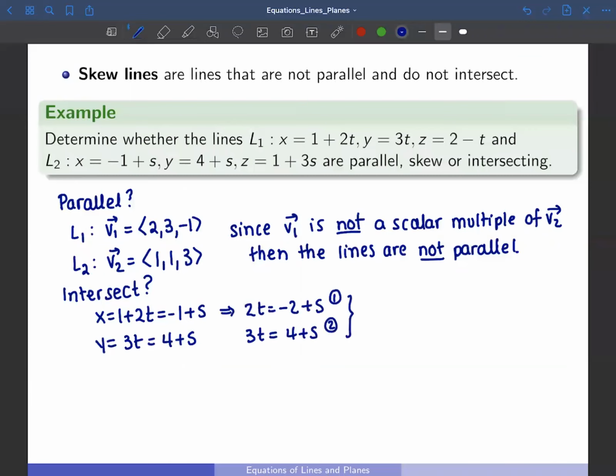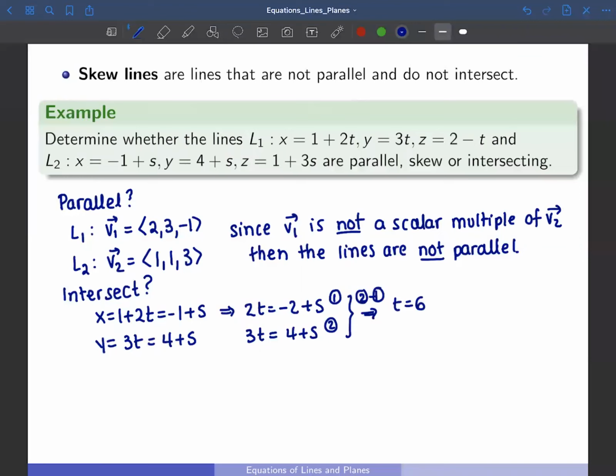So subtracting equation 1 from equation 2 will give us that t is equal to 6. So t is equal to 6, so we have 3t minus 2t is equal to t, and then 4 minus the negative 2 is equal to 6.